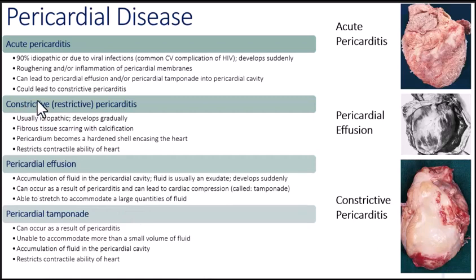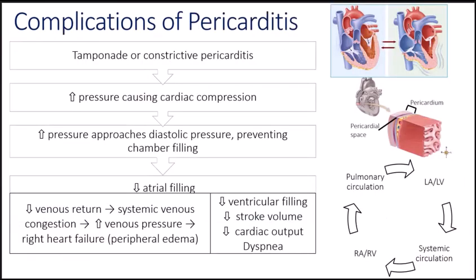All right, let's have a look at what might happen if somebody has acute pericarditis and it leads to pericardial tamponade and/or constrictive pericarditis. As fluid continues to fill this pericardial space, it's going to cause an increase in the amount of pressure within here, which is going to put pressure back on the heart, causing cardiac compression, as already discussed.